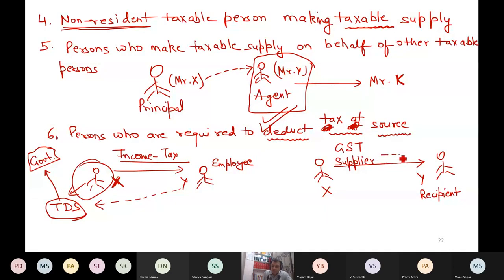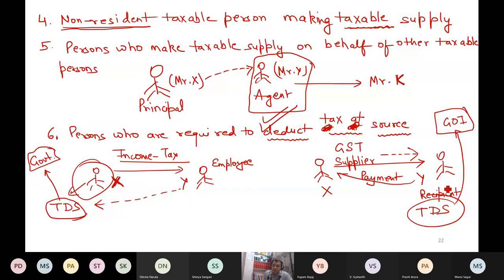So X supplies goods and services and Y gives the payment. Of course, Y has to make the payment, but Y will not make the full payment. Y will deduct what? Some tax at source. And Y will pay this directly to the Government of India.